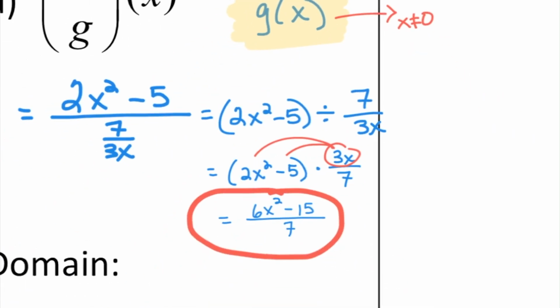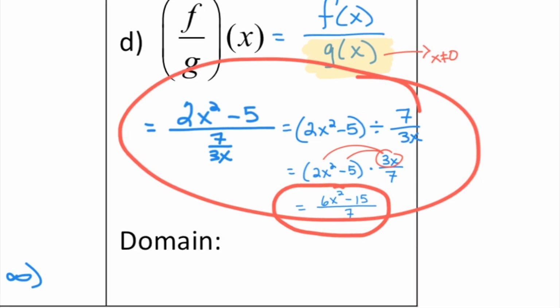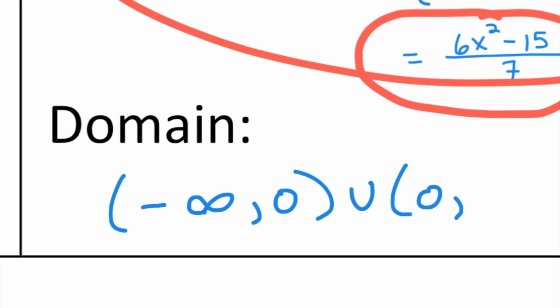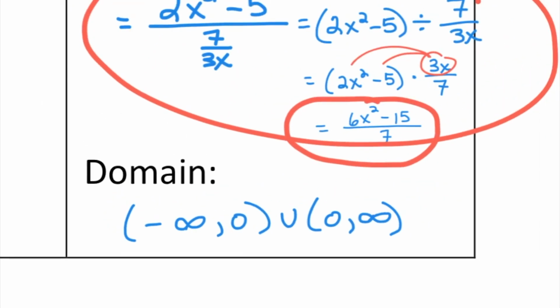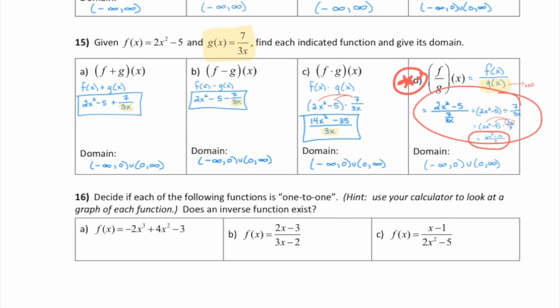So you have to do this whole entire problem assuming that x cannot be 0. And therefore, in the domain for your final answer, you still have to say that the domain is restricted to all numbers except 0. So put a little star next to that one and make sure that you understand why the domain for number 15D is slightly different.